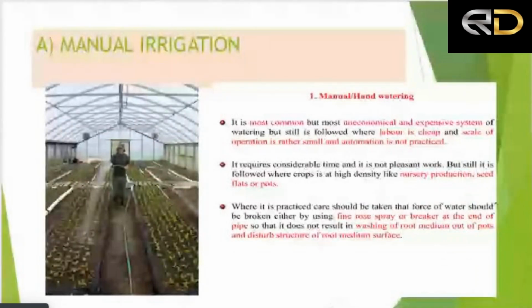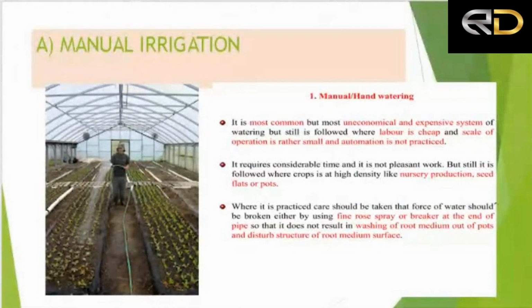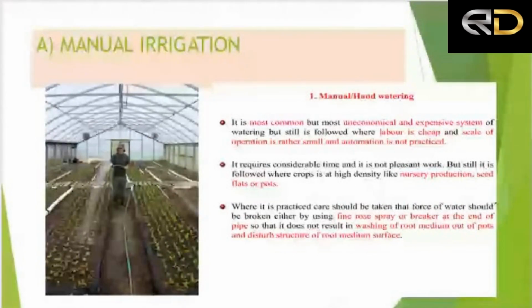Why? Because labor is cheap. Where labor is cheap, we sometimes follow manual irrigation, because the scale of operation is rather small, and automation is not to be practiced. So manual irrigation is preferred when labor is very cheap, though it is an uneconomical form of irrigation.